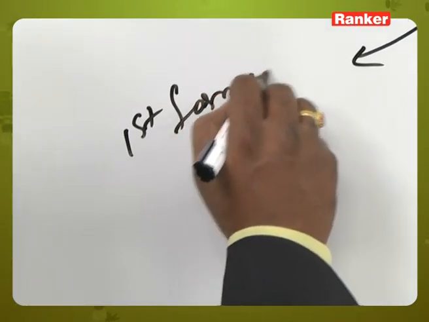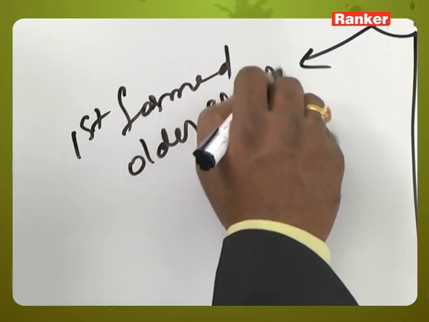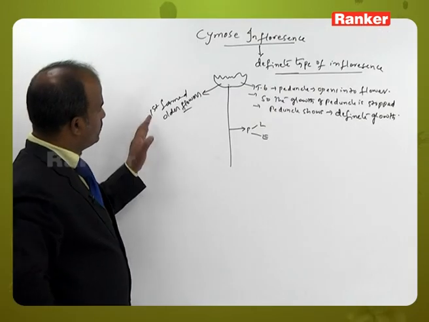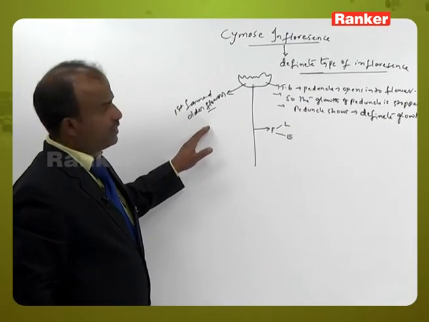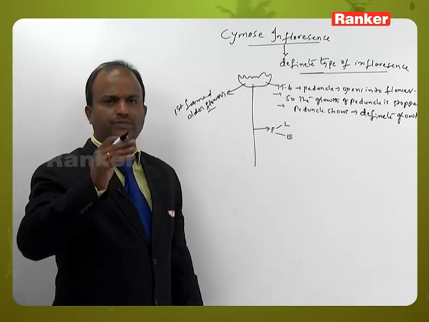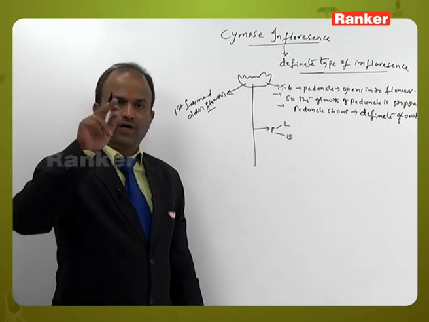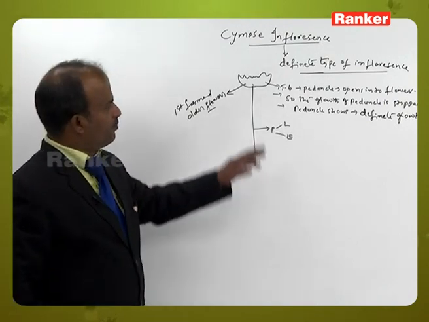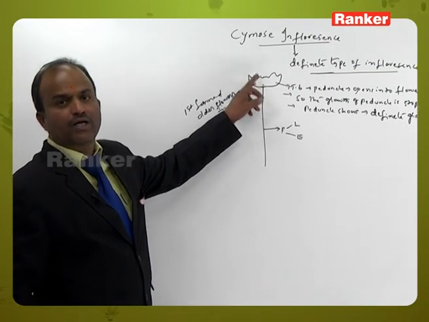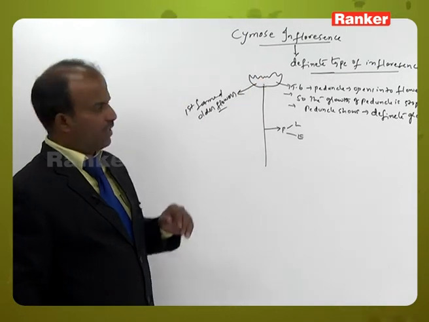You can take any type of cymose inflorescence; in it, the first formed older flower itself occupies the terminal bud of the peduncle, because the terminal bud of the peduncle opens into a flower.